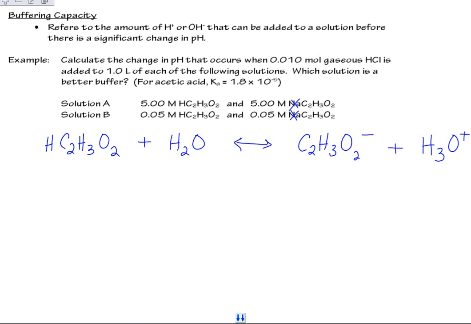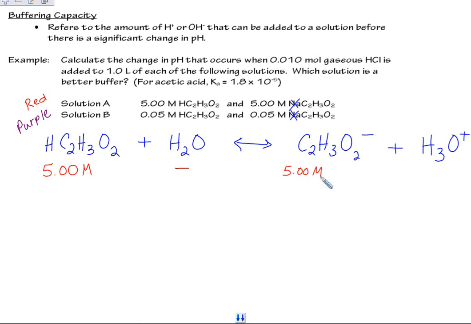Let's call solution A, I'll do solution A in red, and maybe we can do solution B in purple. And then we can kind of do this at the same time. Solution A is 5 molar acetic acid. We're not going to care about the water in either situation. And we're adding some of the acetate ion, 5 molar.